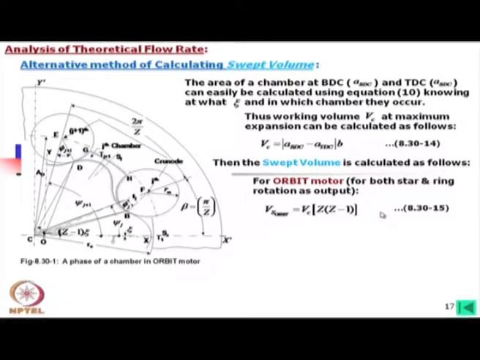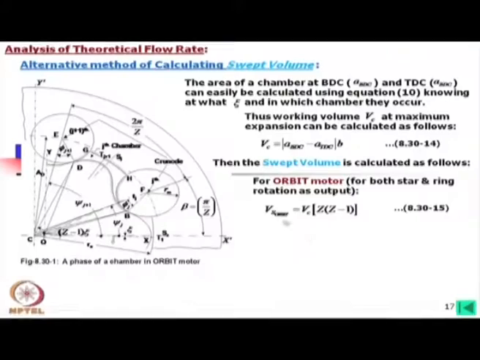So you simply multiply this and you get the swept volume of the orbit motor. Interestingly, in the orbit motor, this is one with respect to the other, that means either the star rotating with respect to the ring or the ring rotating with respect to the star. So in that case there will be a single formula to find this swept volume, whether the star is rotating or the ring is rotating.